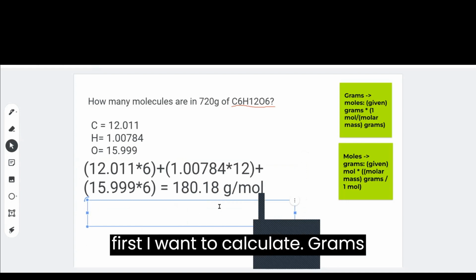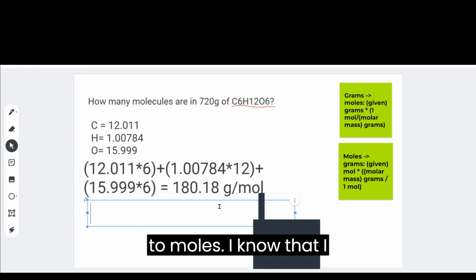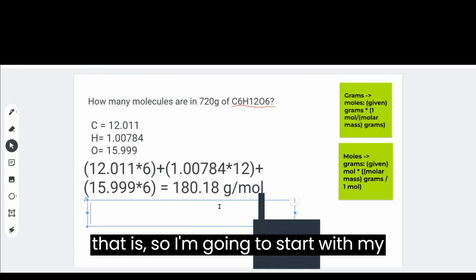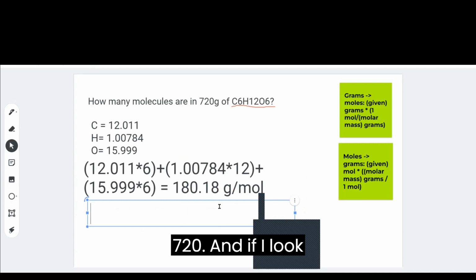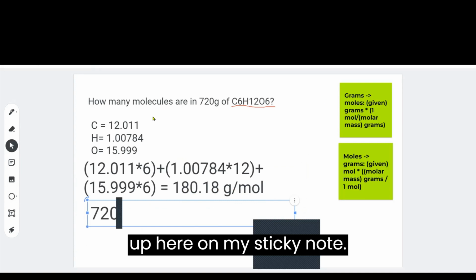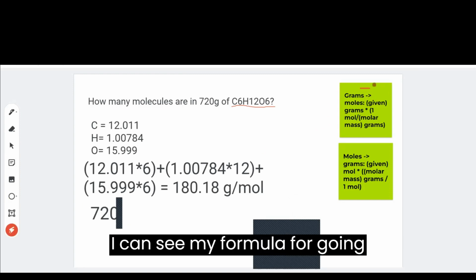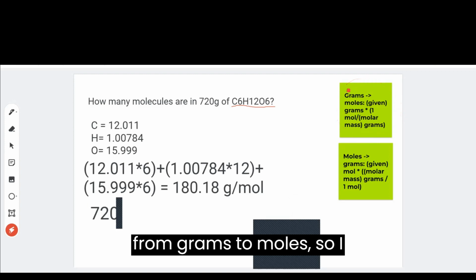So first, I want to calculate grams to moles. I know that I have 720 grams of sugar, and I need to know how many moles that is. So I'm going to start with my 720. If I look up here on my sticky note, I can see my formula for going from grams to moles.